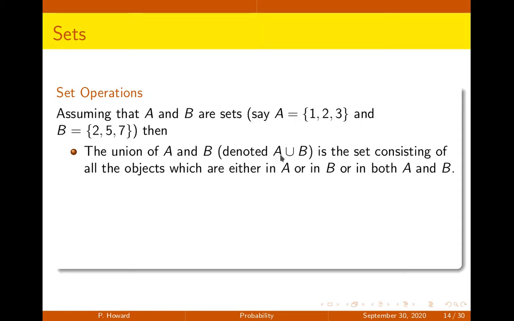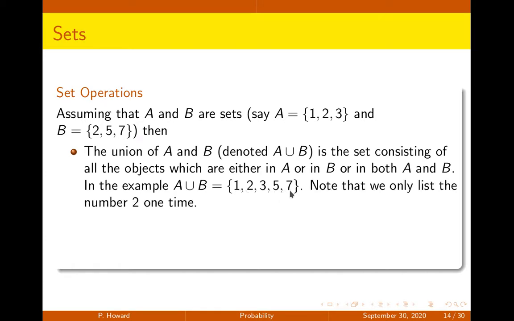The shorthand for the union is this A, what looks like a U, B. And the description is it's a set of all objects which are either in A or in B or in both A and B. So in this example, the union would have to contain all the numbers in A and all the numbers in B, including the number 2, which is in both sets. So A union B is the set whose objects are 1, 2, 3, 5, and 7. And we only list the 2 one time.